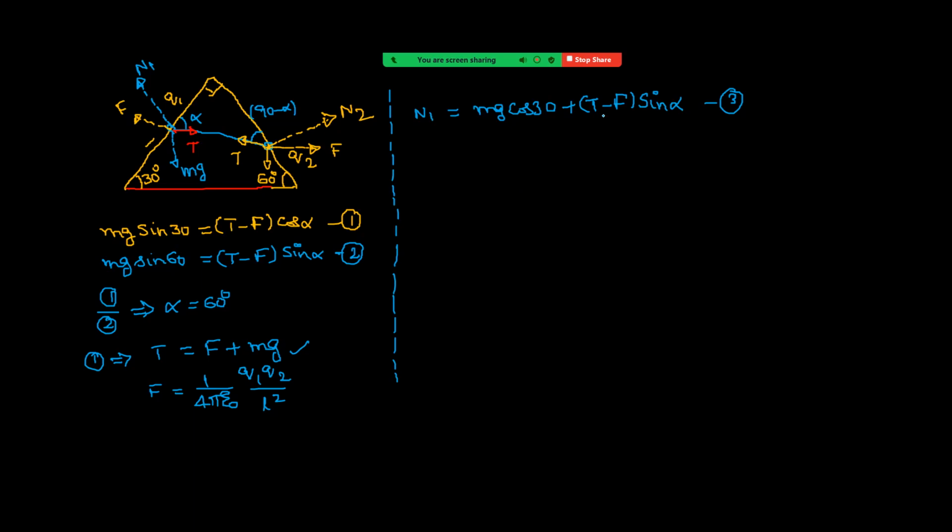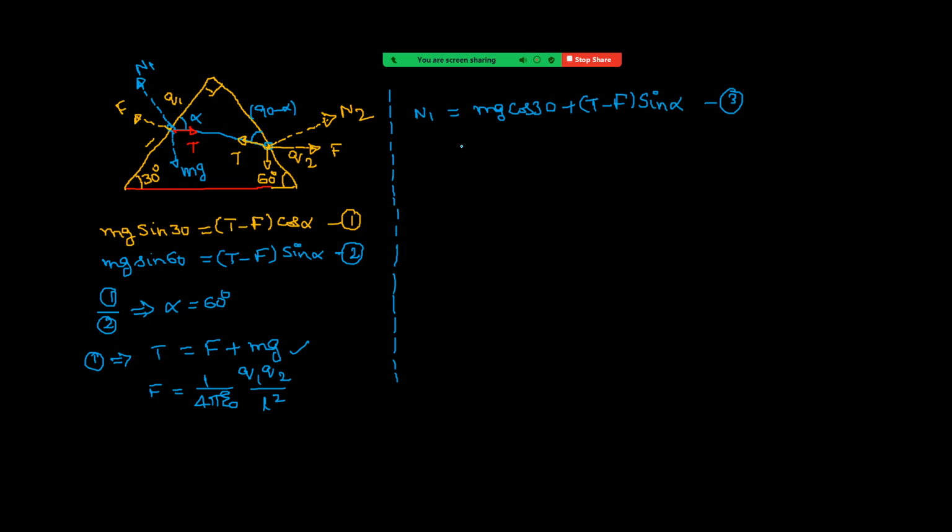And see directly here what we can do. In the place of (t minus f) sin alpha, from equation 2, we can write mg sin 60. Now substitute here: this is mg cos 30, this is mg sin 60.